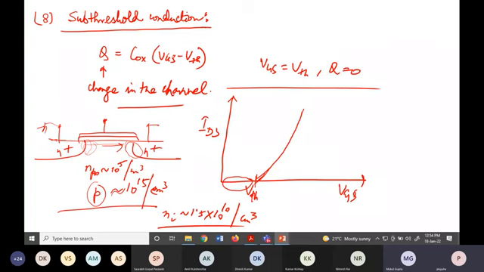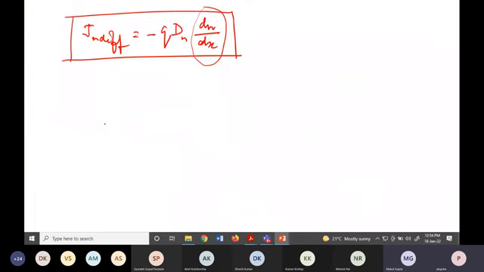If you can find out dn/dx, you will be able to calculate Jn diffusion. There are ways to find the concentration of electrons near the source side and near the drain side, so that you can find dn/dx.